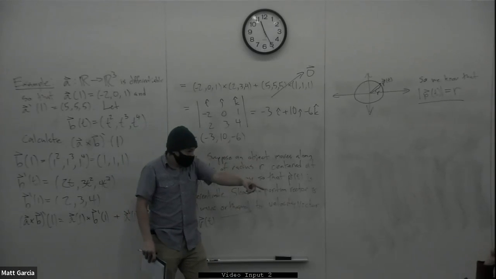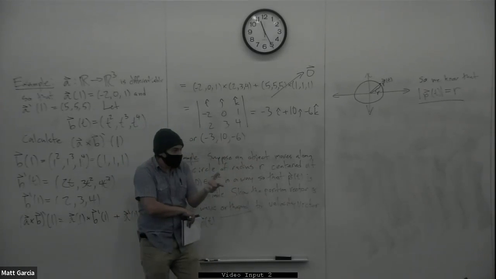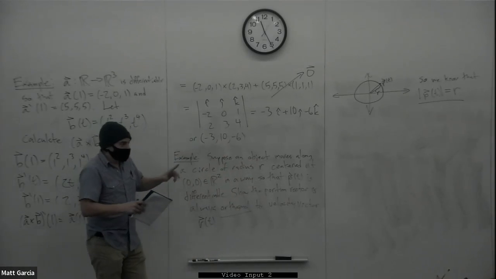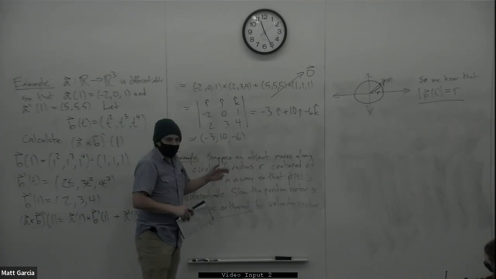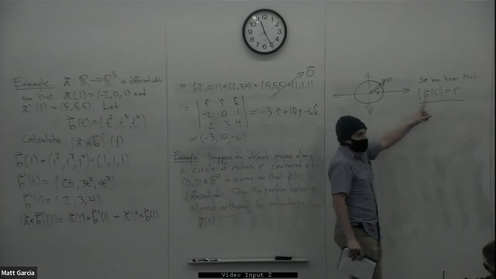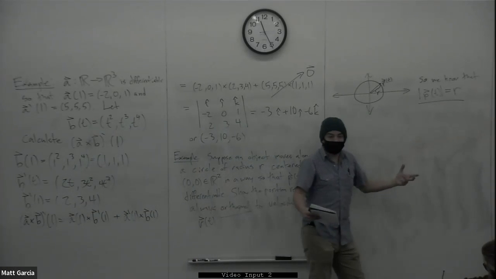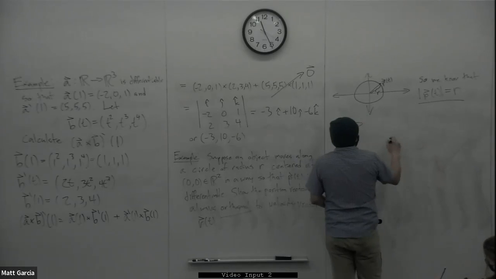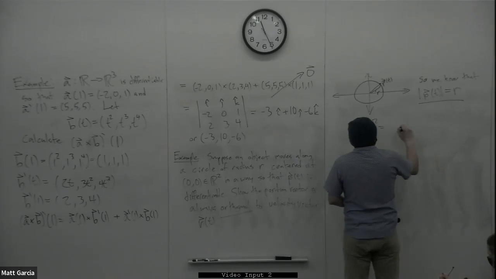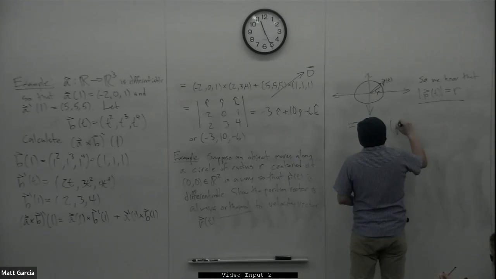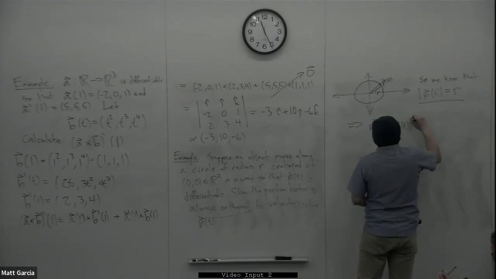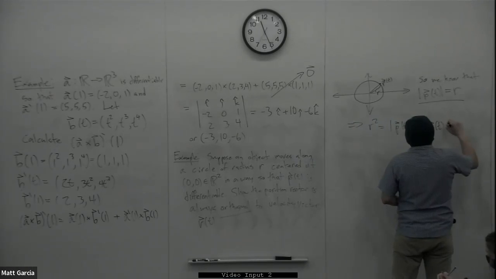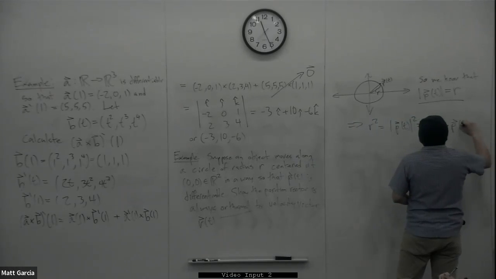If you dot a vector, yeah, exactly. So this is the relationship between the magnitude and the dot product, right? So in other words, if I square both sides of this, I can get some expression involving a dot product. So this implies that r squared is equal to the magnitude of p hat of t squared, which is equal to the dot product of p of t with itself.